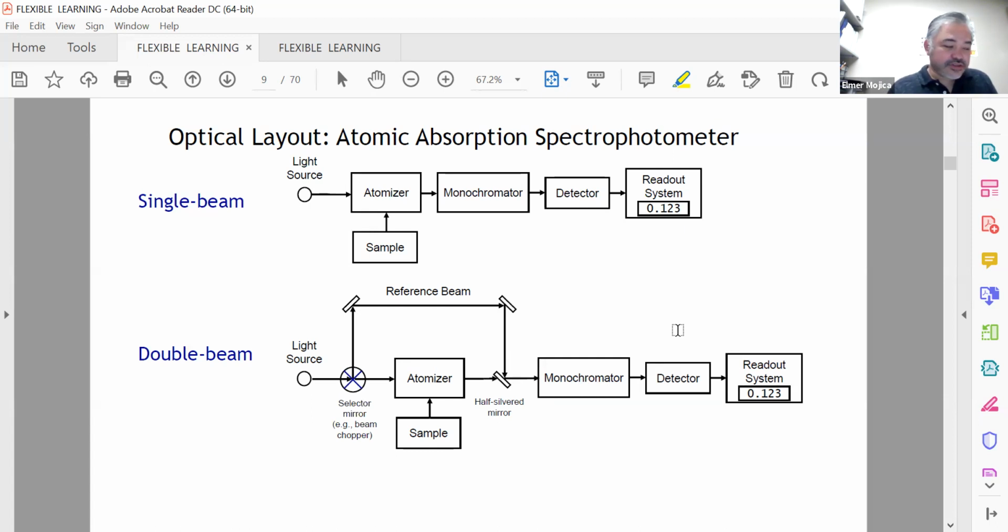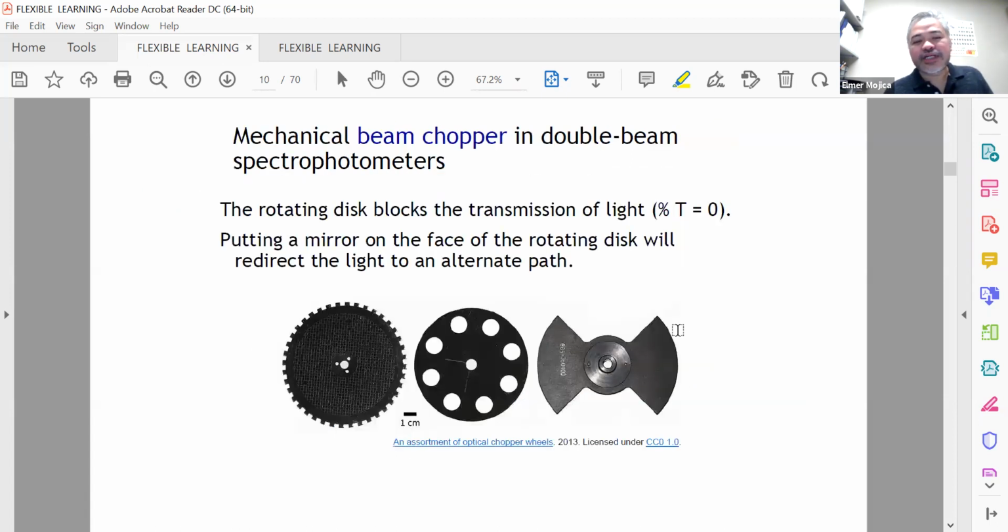The so-called mechanical beam chopper in a double beam spectrometer usually looks like this. The rotating disc would block the transmission of the light, so that means the percent transmittance would be 0. And there's a mirror on the face of the rotating disc that will redirect the light to an alternate path.